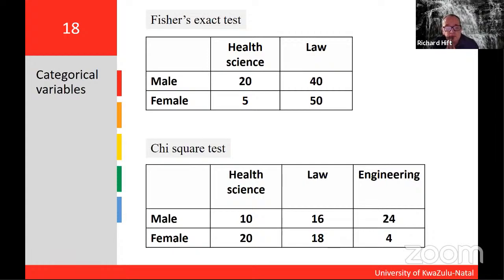And you know that we use the chi-squared test for when we have more than a 2-by-2 table. For example, here I've also thrown in the results for professors in engineering.